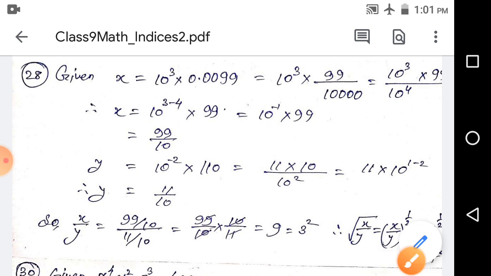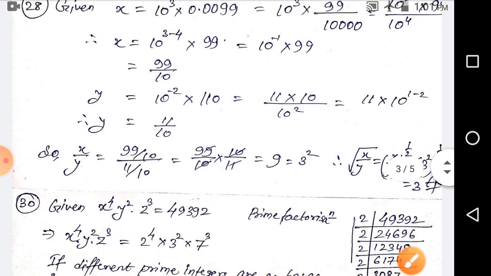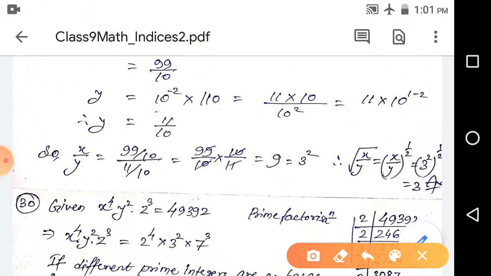Now we have the value for y as 10 to the power 2 into 110, that is 110. For this 110 we can write 11 into 10, and 10 to the power 2 as a denominator.